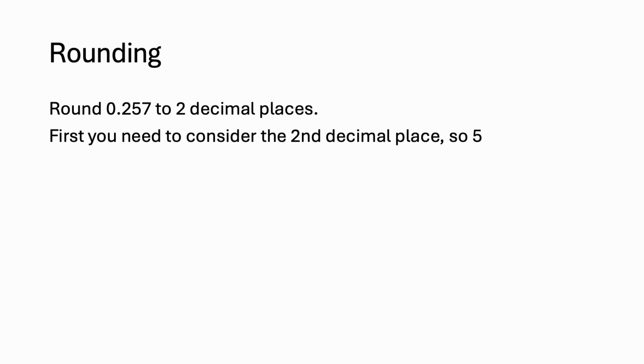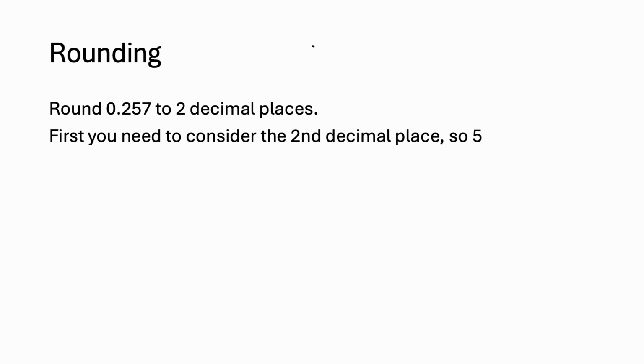Okay, so now let's look at rounding. Let's say we have a question like this, which says round 0.257 to 2 decimal places. So the first thing we need to do is essentially to consider the second decimal place.